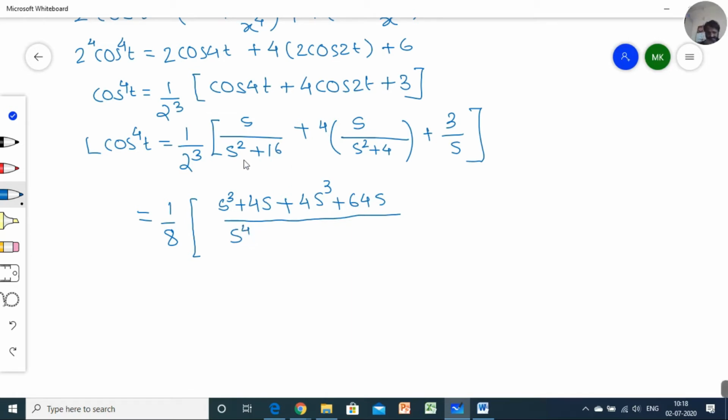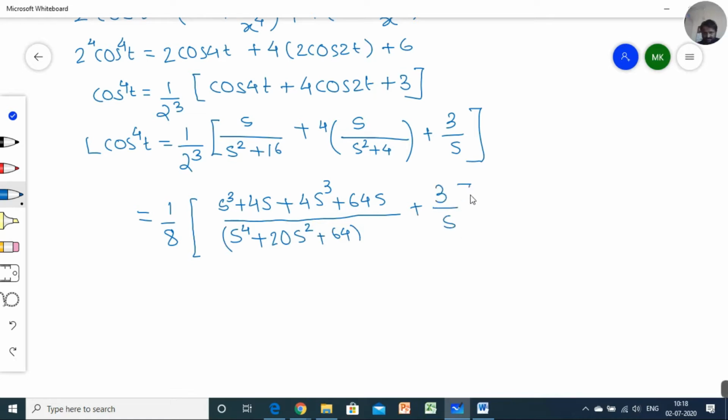I'm writing directly the s square into s square, s raised to 4, plus 4s square plus 16s square, so it becomes 20s square, because s square into 4 is 4s square, and 16 into s square is 16s square, so both the terms are added, so 20s square, and 16 into 4, that is 64. We will get this part plus 3 by s.